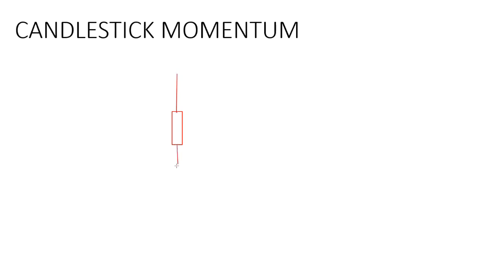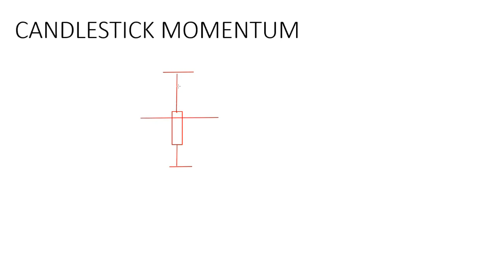To calculate the momentum of a candlestick, to see how strong that specific candlestick is, what we can do is take the high and the low, and we get the half of it. Let's just use approximate measurements, meaning that we're not very accurate, just using it visually. Now let's say this is the half of it.